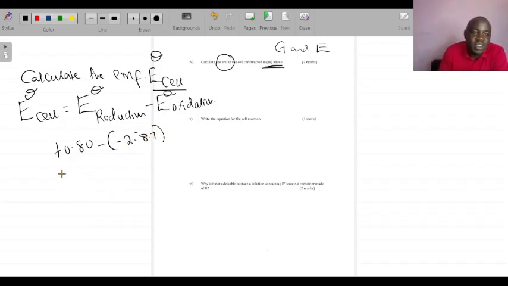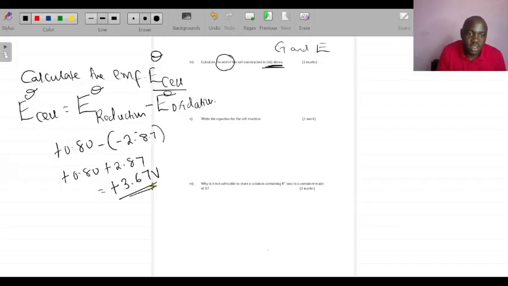When you work it out, it's plus 0.80 plus 2.87. If you have a calculator, you can work it out: plus 3.67 volts.